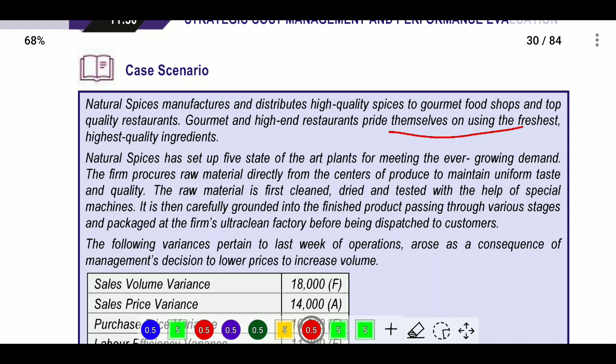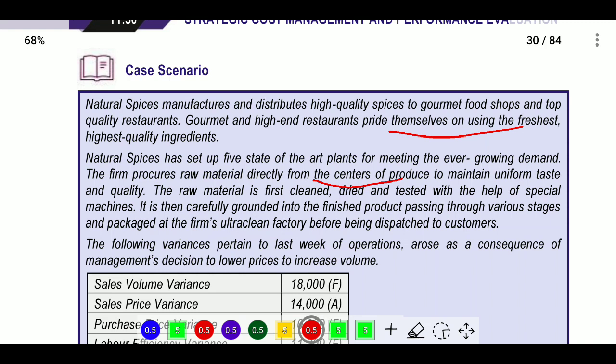Next, we will not only focus on quality, we will also not ignore other factors, which may be price and delivery options. Natural Spices has set up 5 state-of-the-art plants for meeting ever growing demand. The firm procures raw materials directly from the centers of produce to maintain uniform taste and quality.